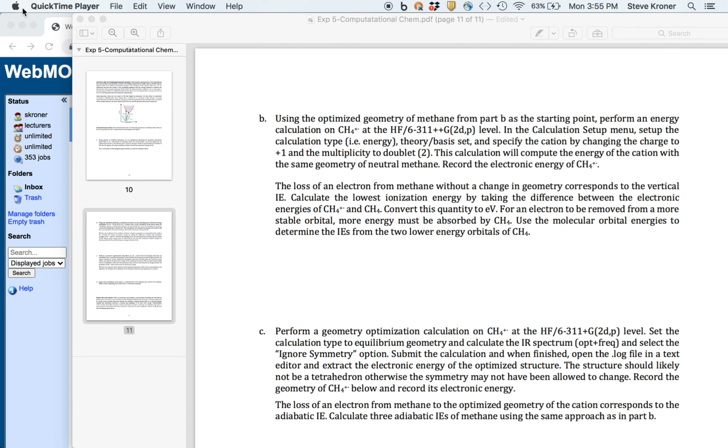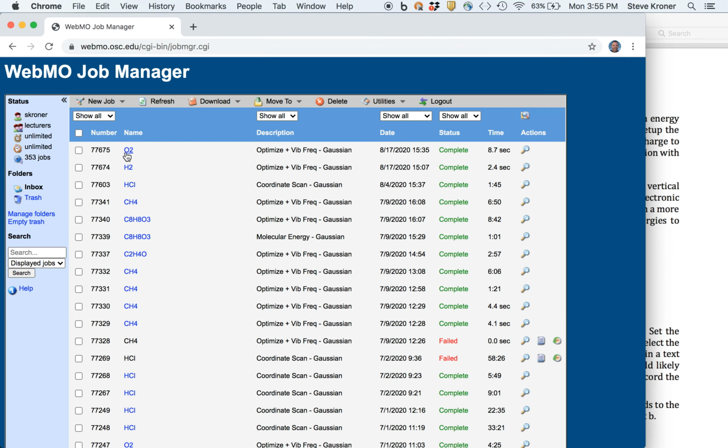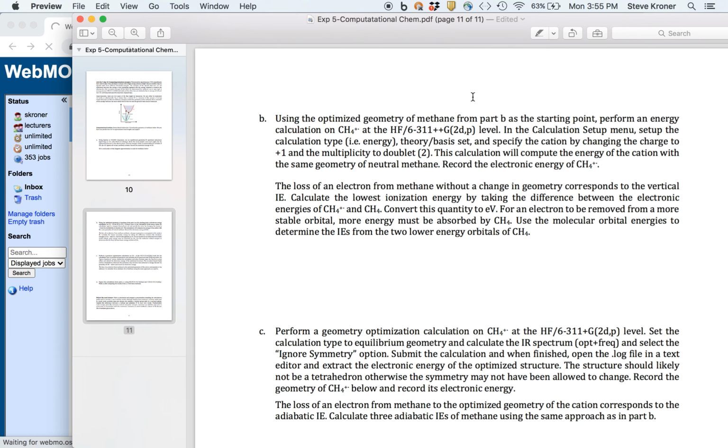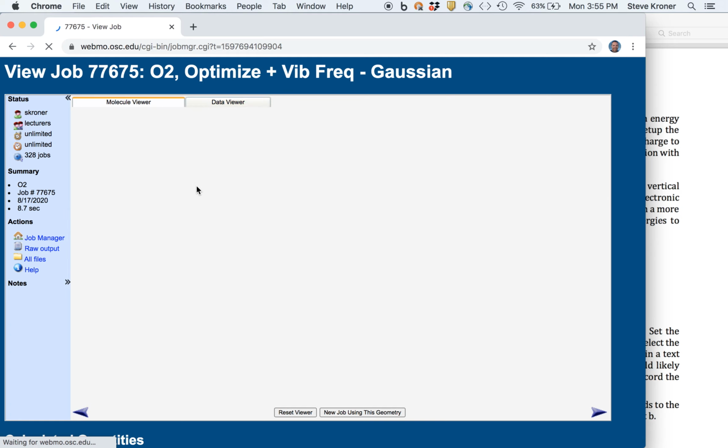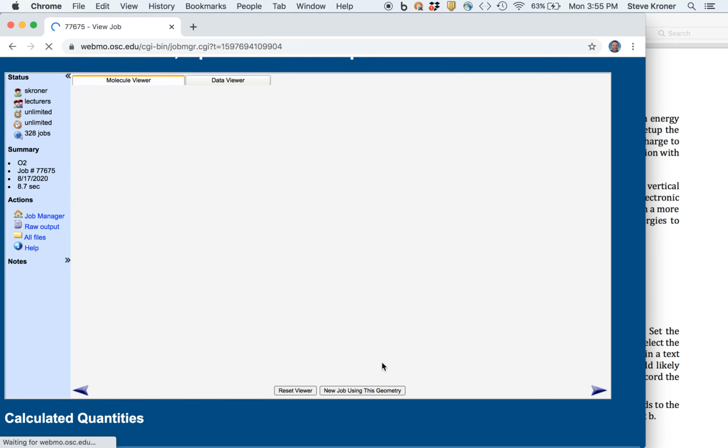In WebMO, you always have the option to begin a job from a particular geometry. I'm just going to click on some random job here. What we want to do is start a job from some completed job. Once this loads, we can use the new job using this geometry button.